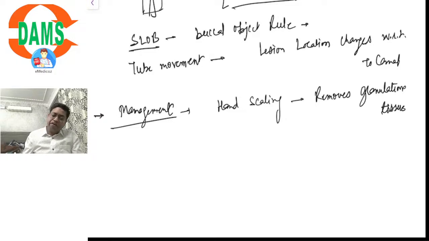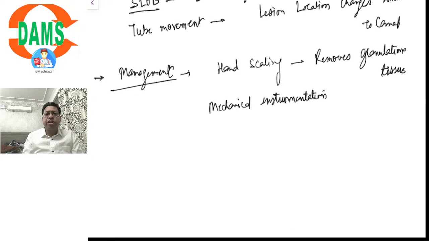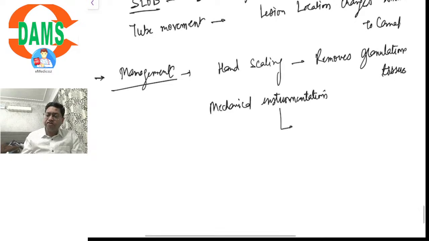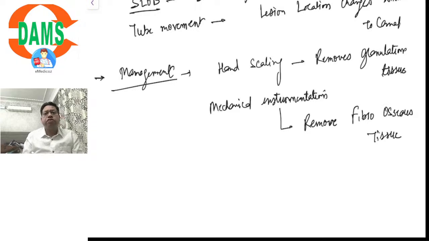And then we do mechanical instrumentation. This mechanical instrumentation is done to remove another type of tissue, that is fibroosseous tissue. Initially, granulation tissue is removed, then the fibroosseous tissue is removed. First step in the management, second step in the management.